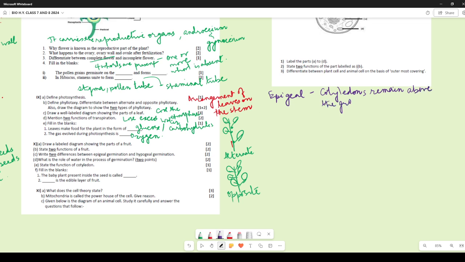You have seen it in bean germination, right? Whereas in hypogeal germination, the cotyledons remain under the soil.